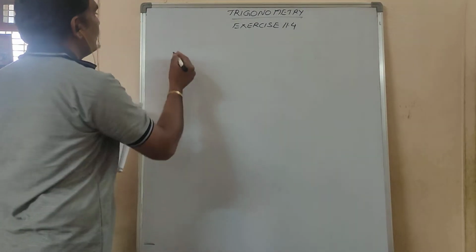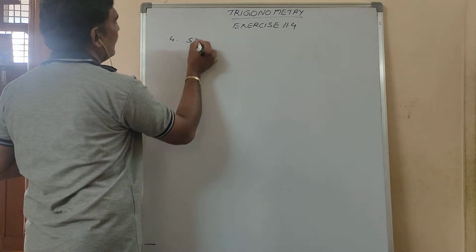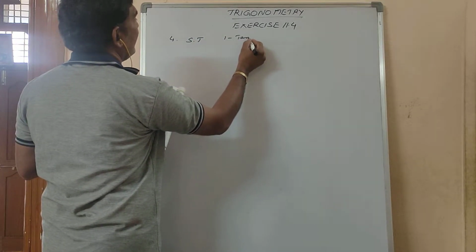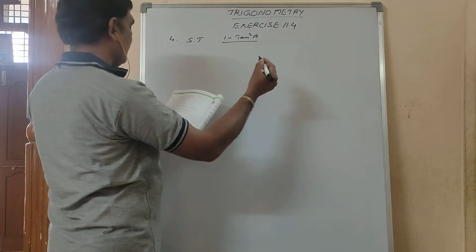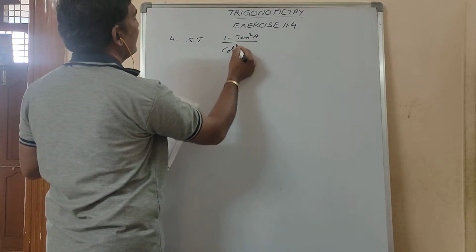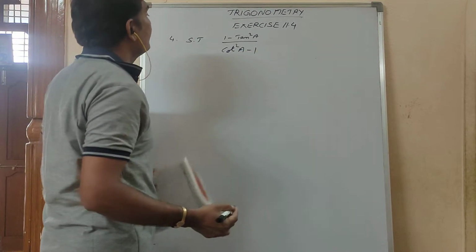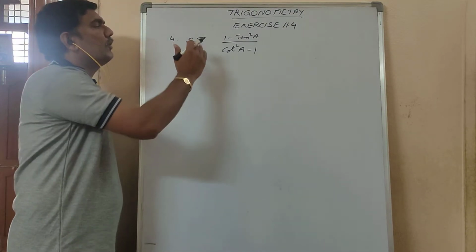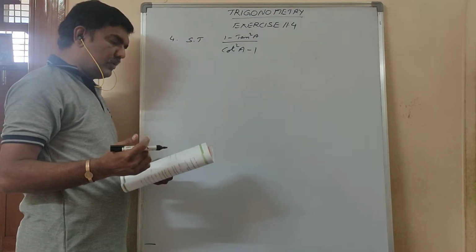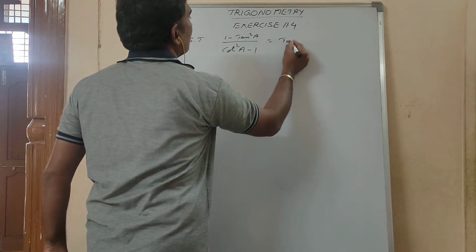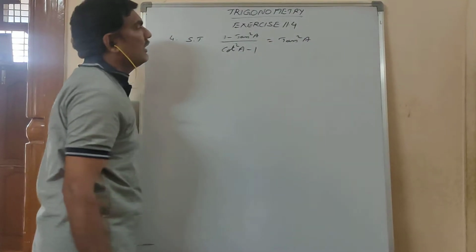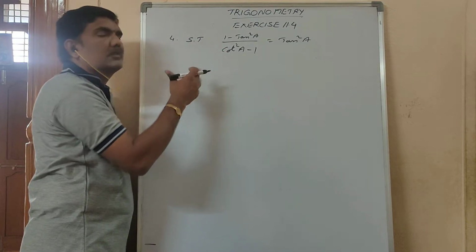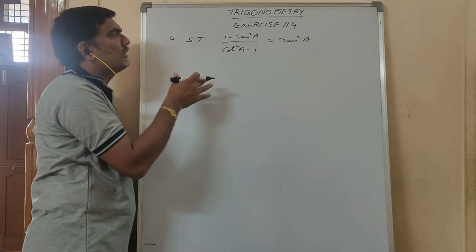Show that (1 minus tan square a) divided by (cot square a minus 1) is equal to tan square a. Whatever method you can, you can use that method.